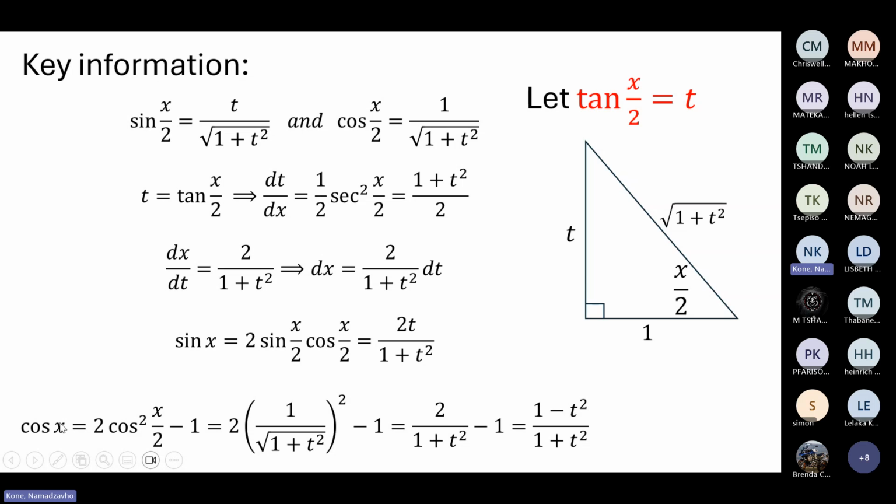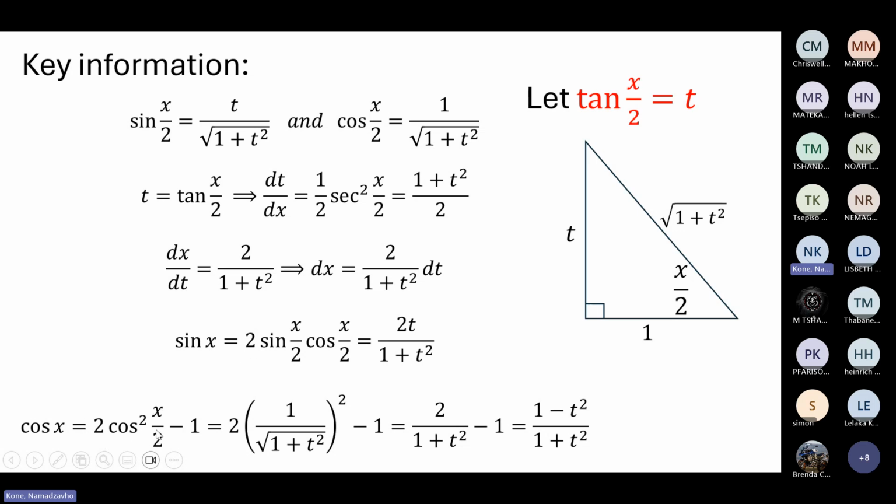But because our 2a is x, a becomes half of that here. So it is 2 cos squared x over 2 minus 1. There are a lot of versions for this one. Another version is 1 minus 2 sine squared x over 2, which is equivalent to this one. Another version is cos squared x over 2 minus sine squared x over 2, also equivalent to this one.